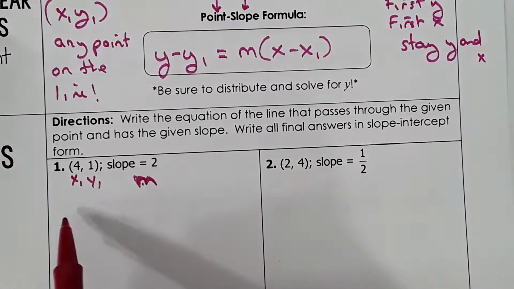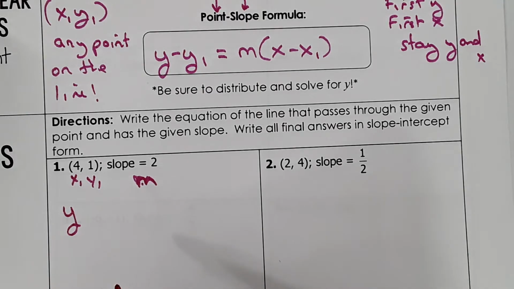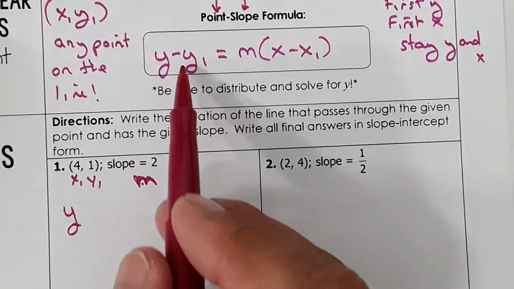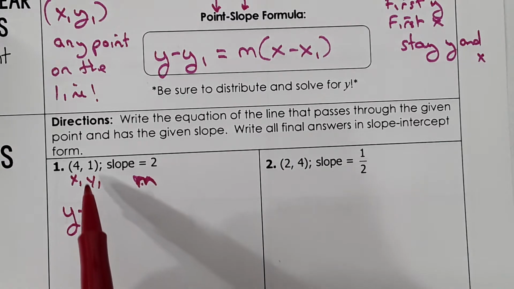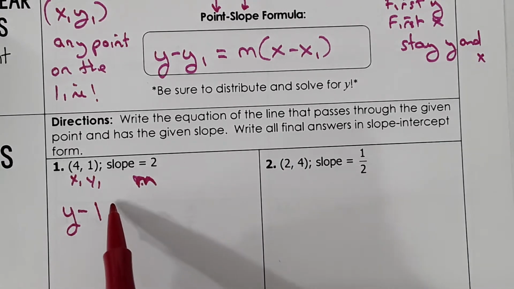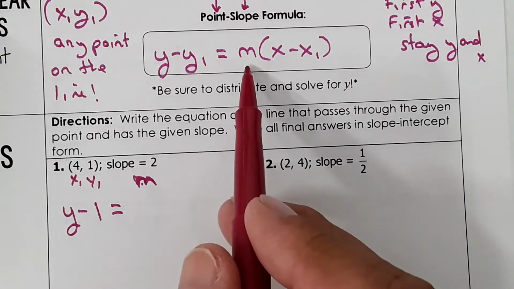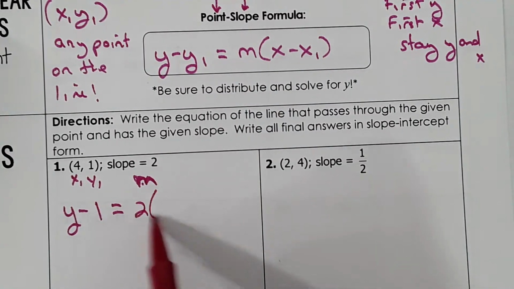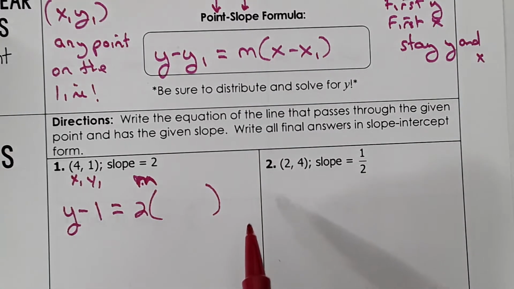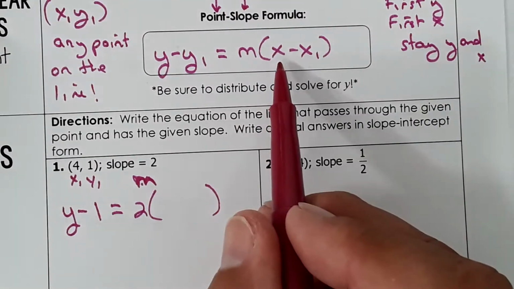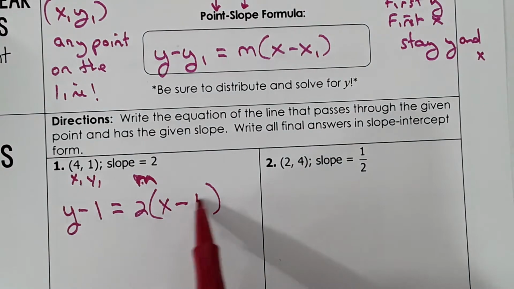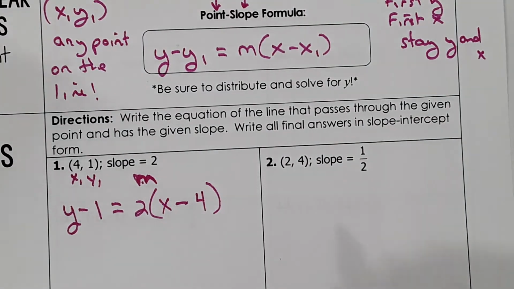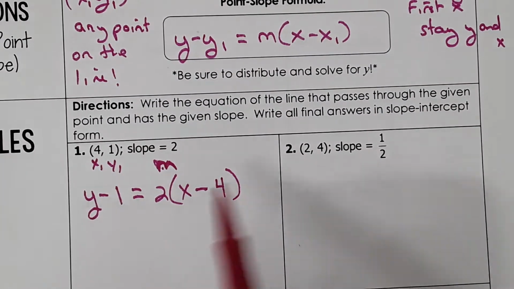Remember, the first y stays y. Then subtraction sign, and then your y number that you're given, y1, which in this case is 1, equals m, which in this case is 2, your slope. Open a parentheses, the first x stays x, take away, and then the other x number, which is 4. So I've written an equation in point-slope form.